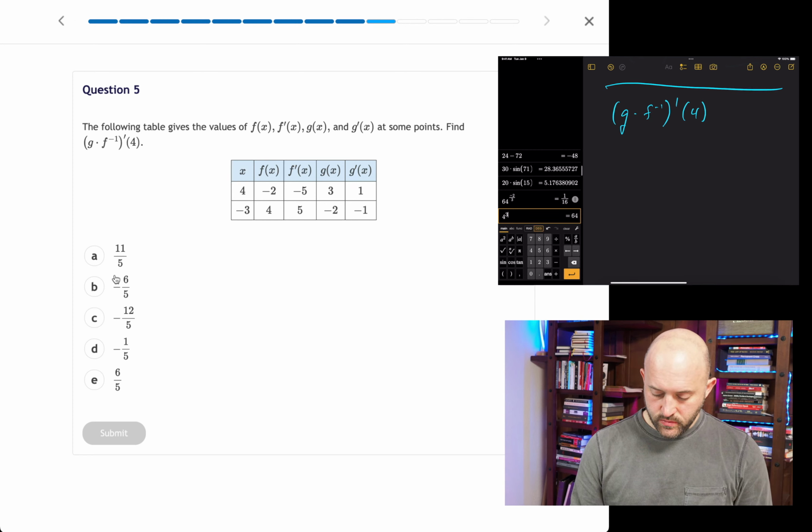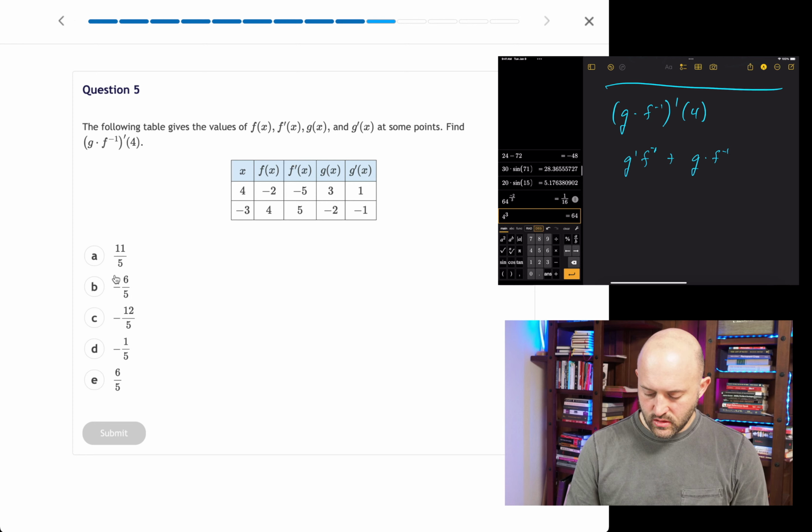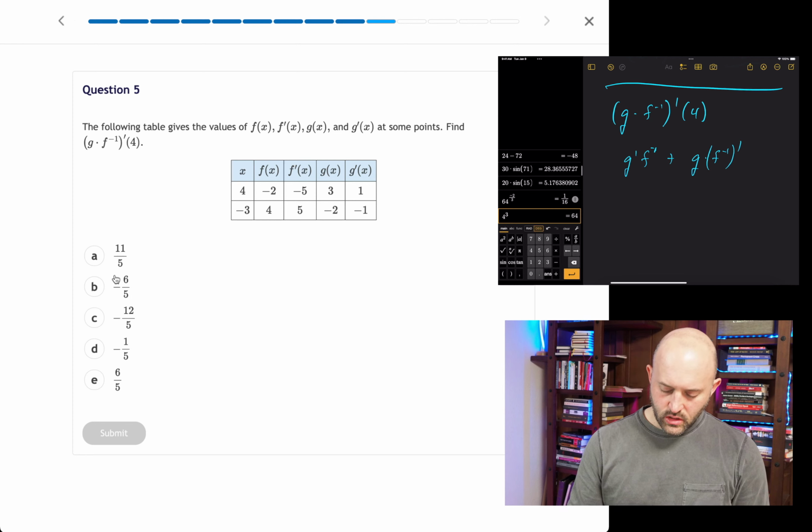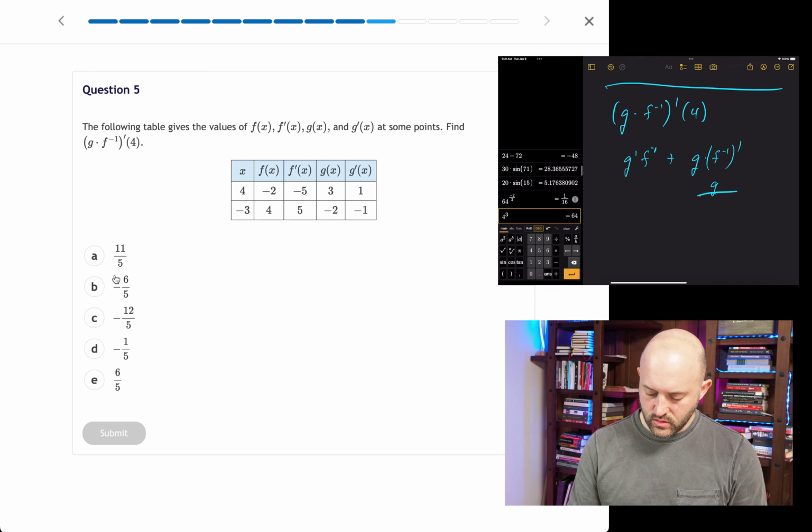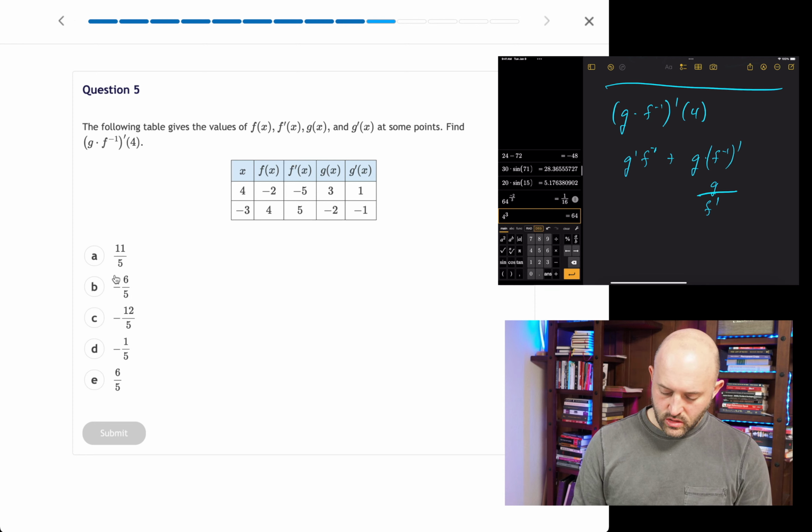So it would be g prime times f inverse, negative 1 plus g times f inverse prime, and this means that this goes to g over, we can do the reciprocal thing where this ends up being the reciprocal of f prime, g prime f inverse.